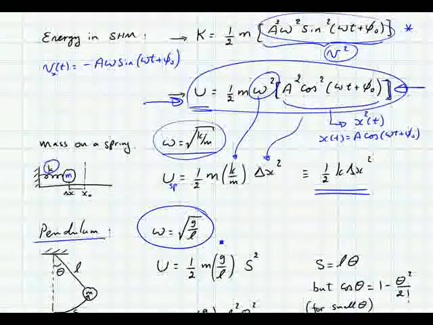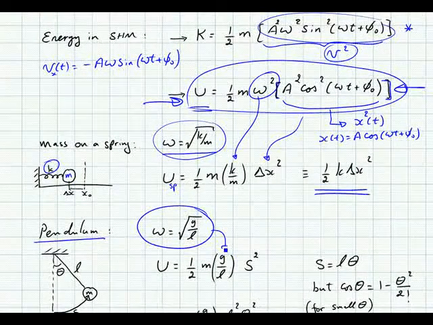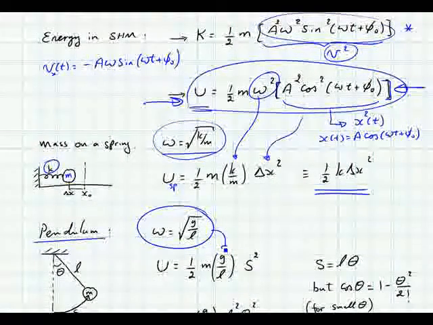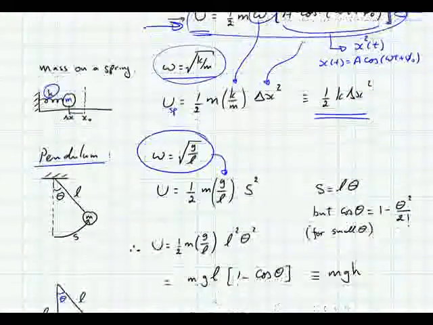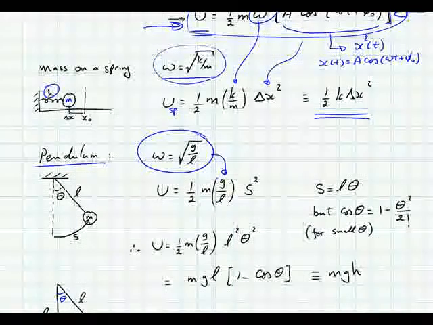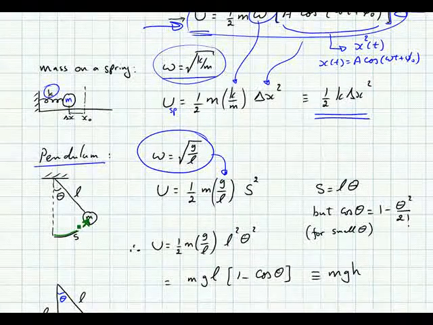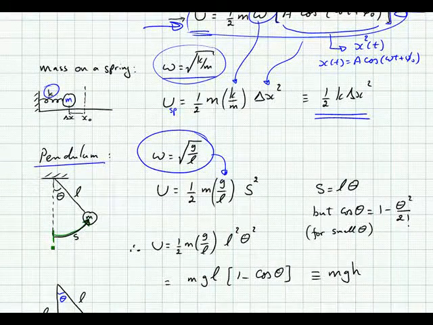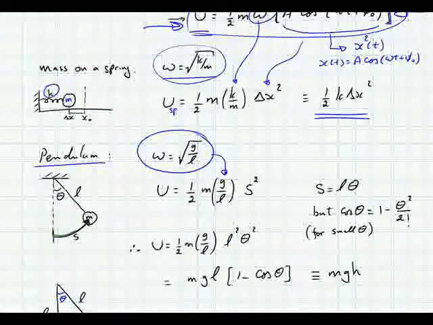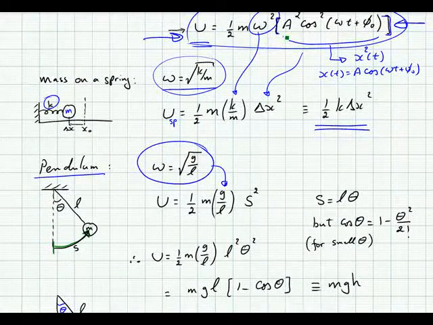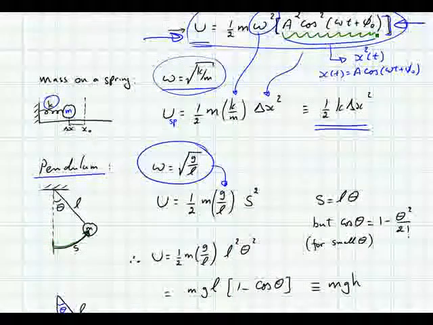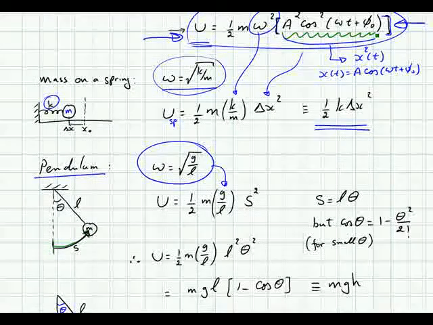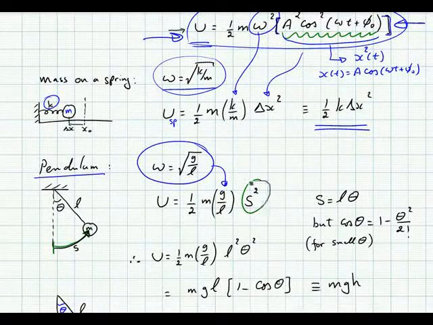For omega squared we put in g over L. And for our position, now the position in the pendulum is the arc length. Let me switch the color of my pen. The arc length is the displacement from the equilibrium position, which is in the middle here. So instead of the a squared cosine squared term, we simply put in s squared.